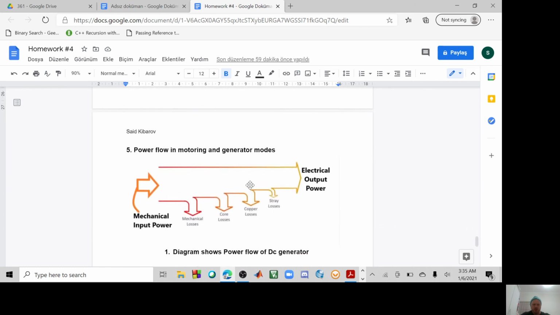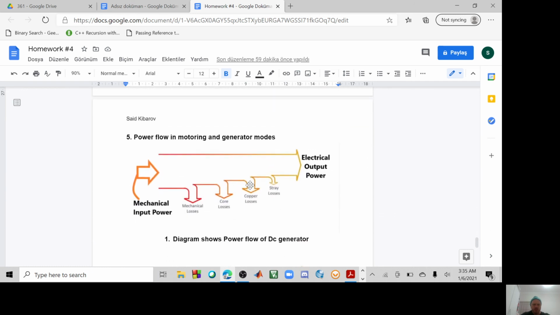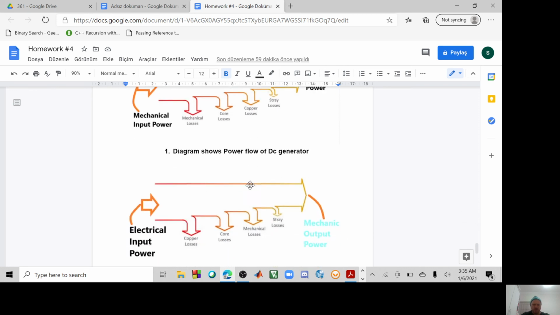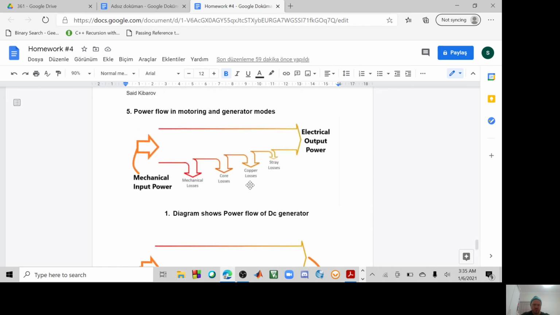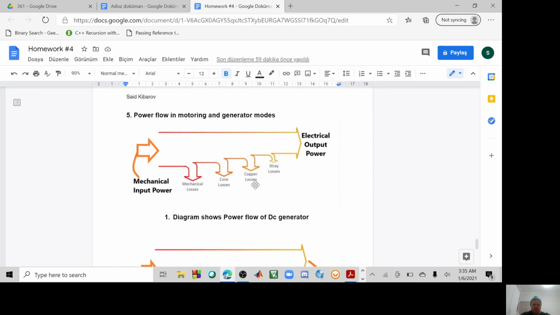So I am on the last part of my presentation. In the last part we have to talk about power flow in motoring and generator modes. So I have two drawings here. Let's start with the generator. This diagram shows the power flow of a DC generator.